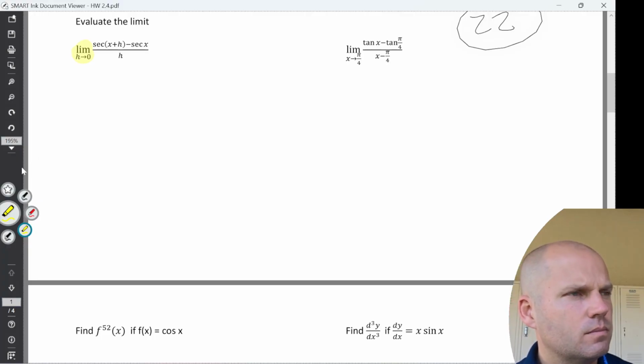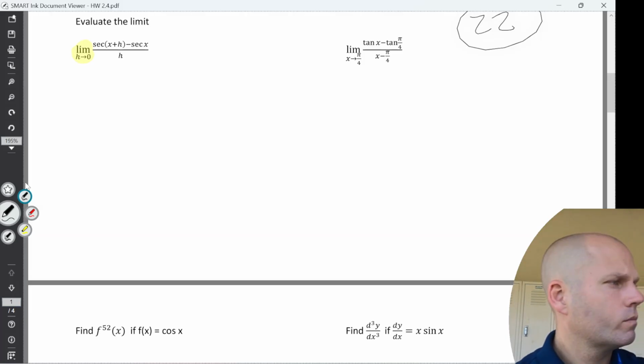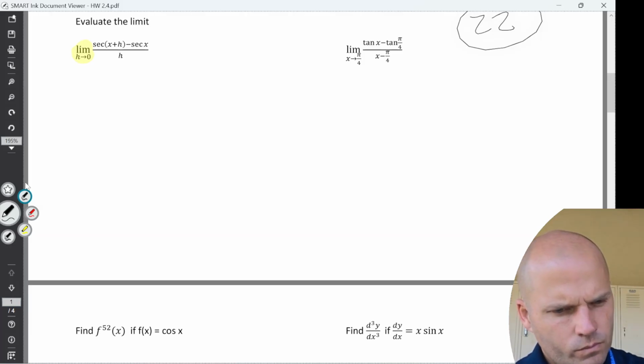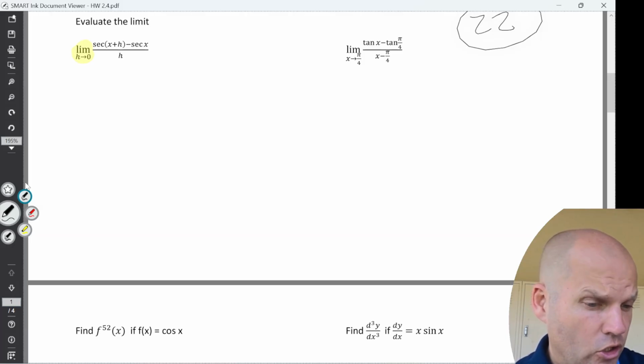Hold up. I'm trying to figure this out. I can't factor that. Okay. Your slopes need to equal your slope. So that's the idea behind things being parallel. Slopes equal slopes.